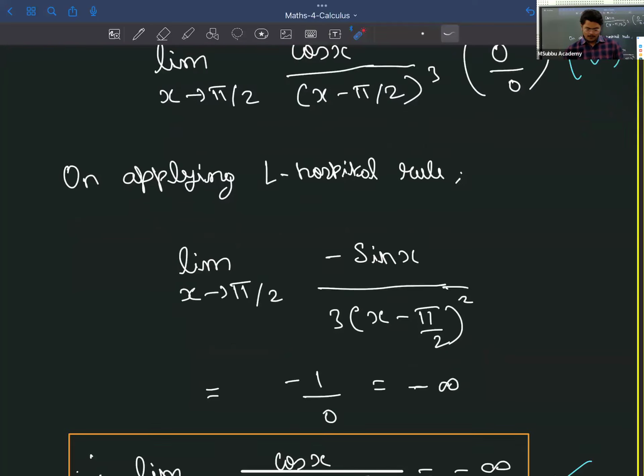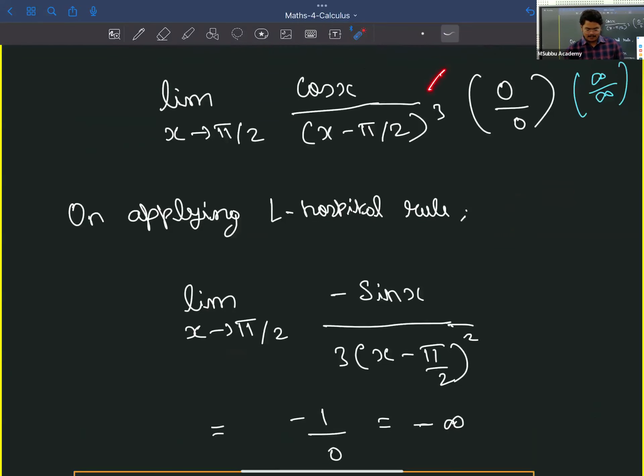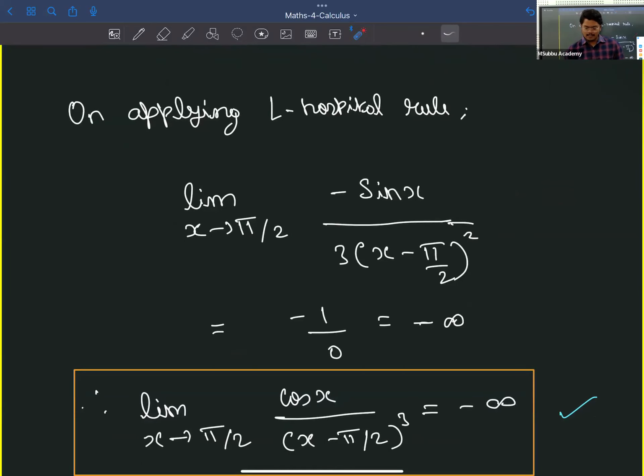So directly it is not in the form of 0 by 0 or infinity by infinity. But if the form is still 0 by 0 or infinity by infinity even after differentiating the first time, just apply the same rule again until you get any other form, so that you solve it and get the final answer. That's all.